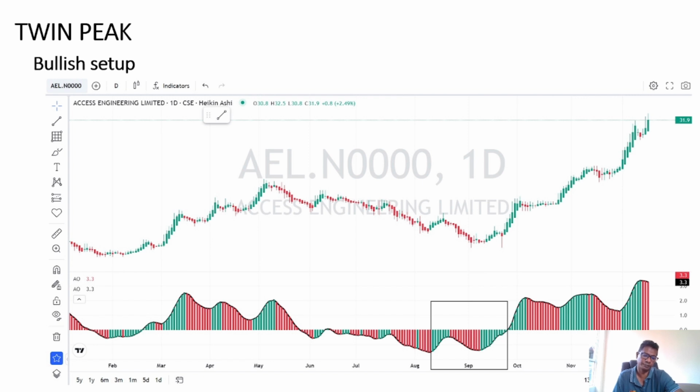Second bottom is higher, and in the middle of these bottoms there is a mountain, the highest point, that is below the zero line for the entire time, right?